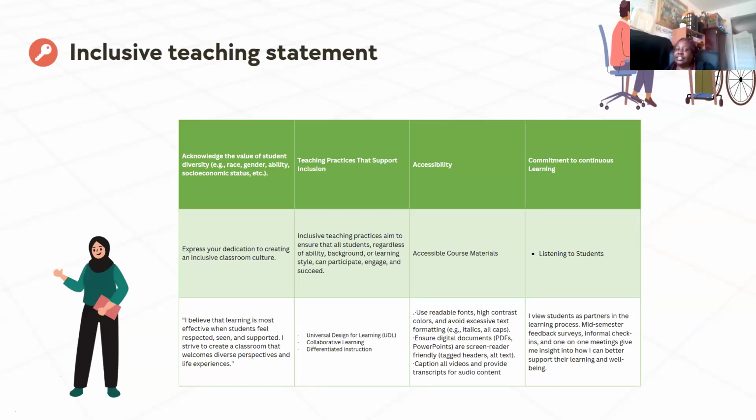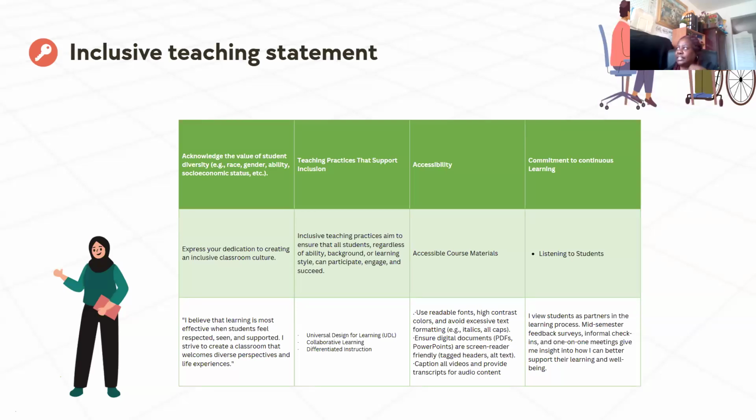And this one is an inclusive teaching statement. Don't forget that it's short. The statement is a short, reflective piece that explains how you create an equitable, respectful, and supportive learning environment for all our students, regardless of their background, abilities, identities, and perspective. So we're going to start off with number 1 here. It says, acknowledge the value of student diversity.